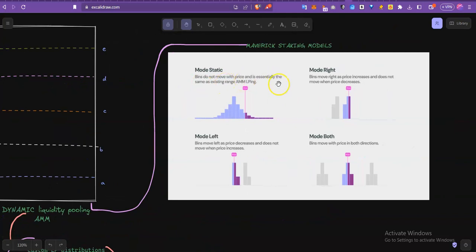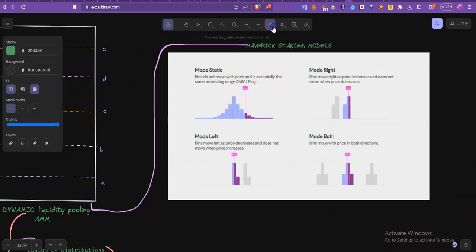different staking models. You can define and say, I want it static. So what that means is that when the price is moving sideways, your stop stays in one place. You can decide to go left. So the bins move left as price decreases and do not move when the price increases.